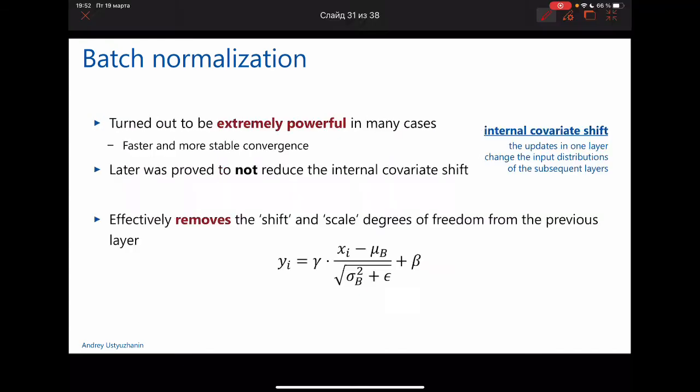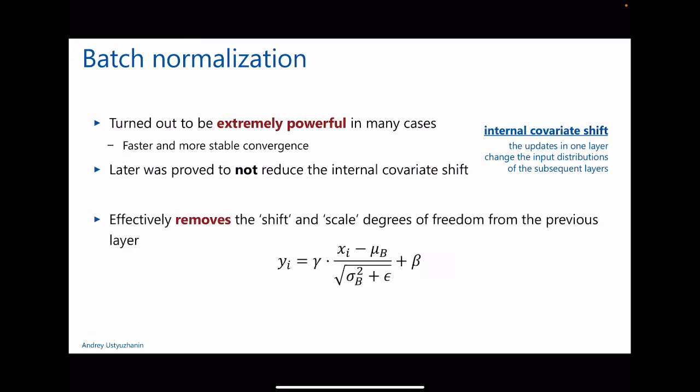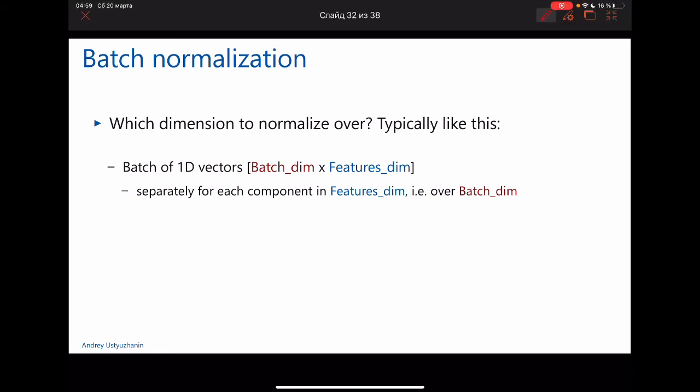When we're talking about batch normalization, you may ask yourself which dimension you should normalize over. In case we have a data set of one-dimensional vectors of features, we effectively have a two-dimensional tensor, number of elements times number of features, like a table you can imagine.